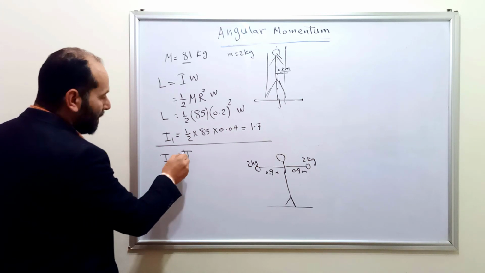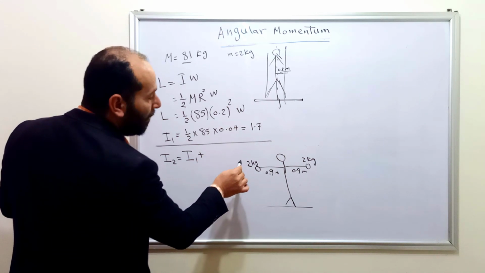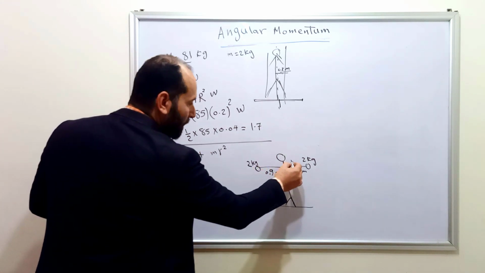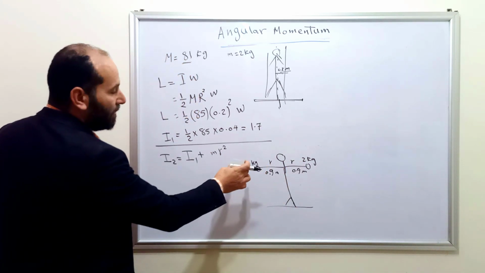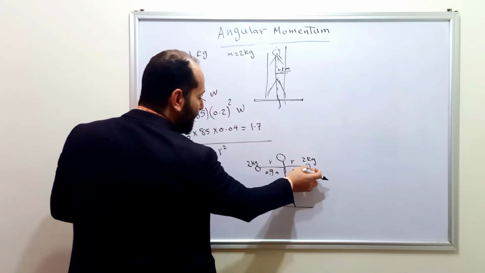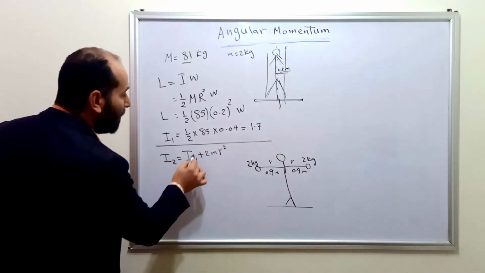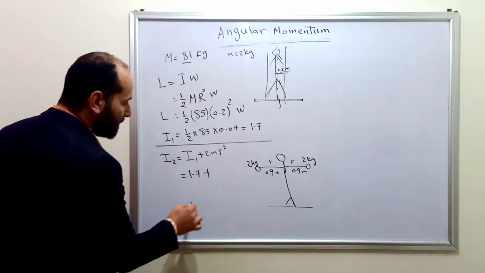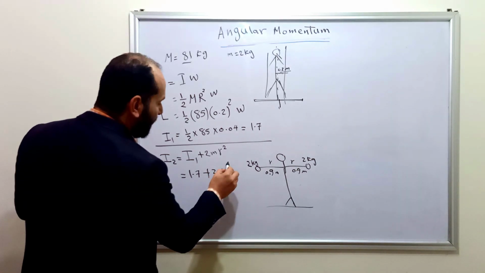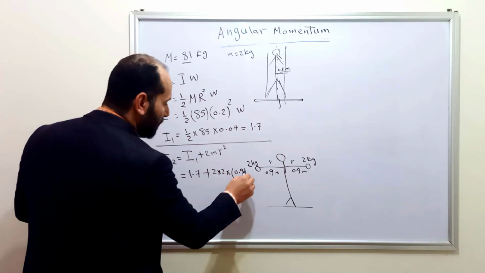I2 equals the initial inertia I1 plus mr squared, but here the inertia is doubled for this mass and this mass. 2 mr squared, so I2 equals I1, 1.7, plus 2 times m, 2 kilograms, times r squared, 0.9 squared.